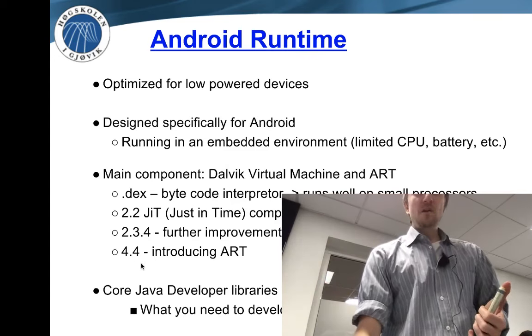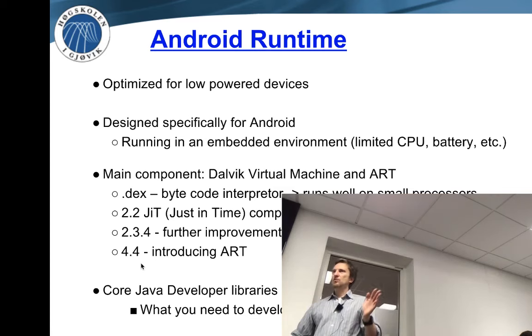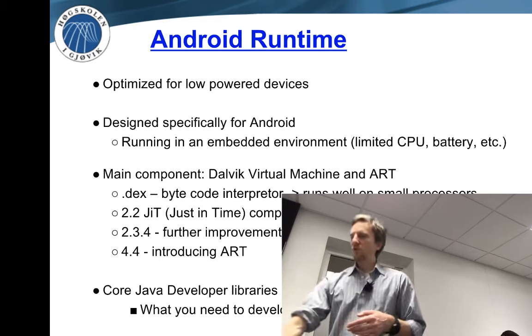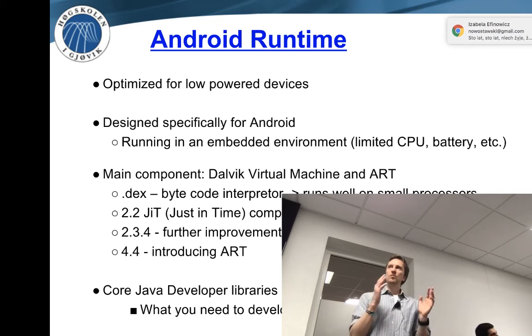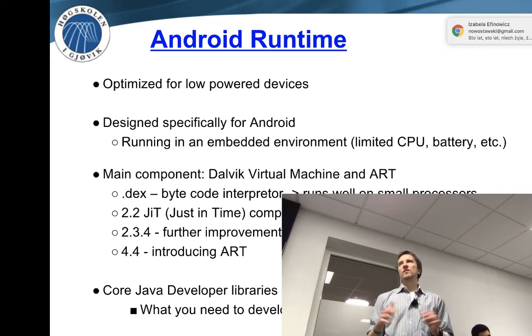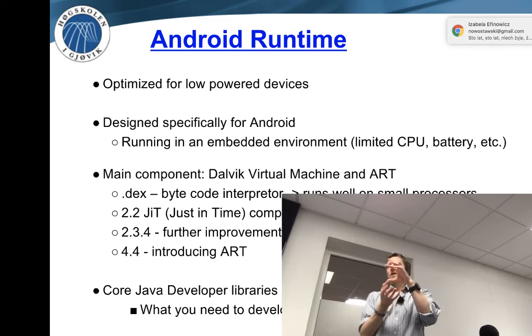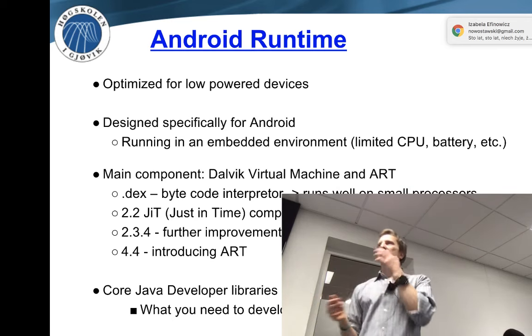And then in version 4.4, Google decided that the original Dalvik technology was old enough that we needed to replace it with something new, and there was a switch from the Dalvik VM to ART, which stands for Android Runtime. You can think of it as Dalvik being part of ART now, and ART is a just-in-time compiler and an ahead-of-time compiler, right?